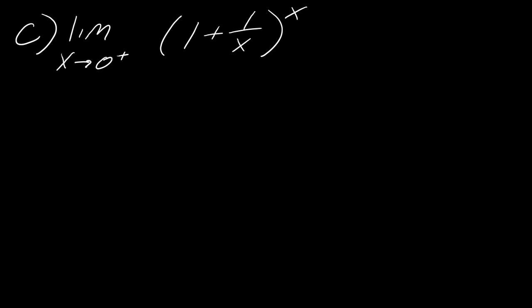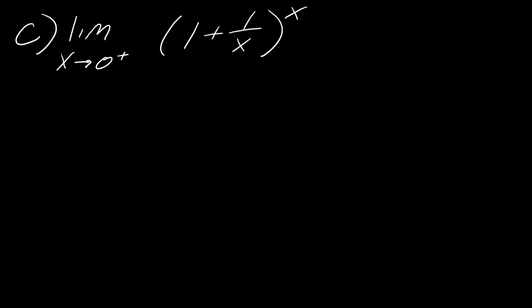Okay, so moving on to C here, same idea. Let's just jump right into it. I can see just by looking at this that what I'm going to end up with is infinity to the 0. So I've got that indeterminate form that I need.